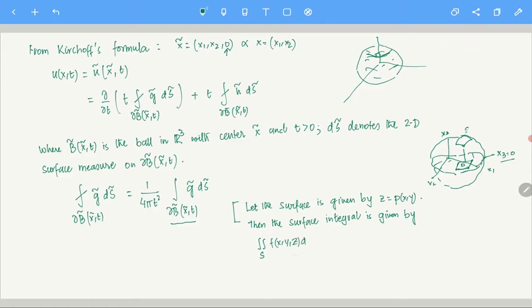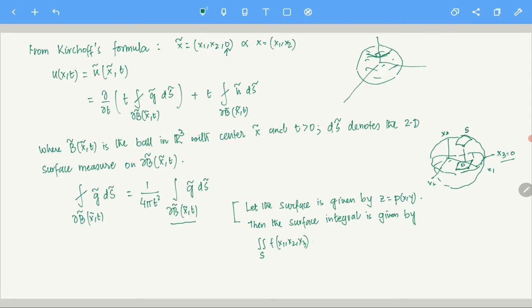I am taking x1 x2 x3, so let me write it like x1 x2 x3, otherwise we may get confused. So f of x1 x2 x3. Okay, so this is your S, and that's your D, right?